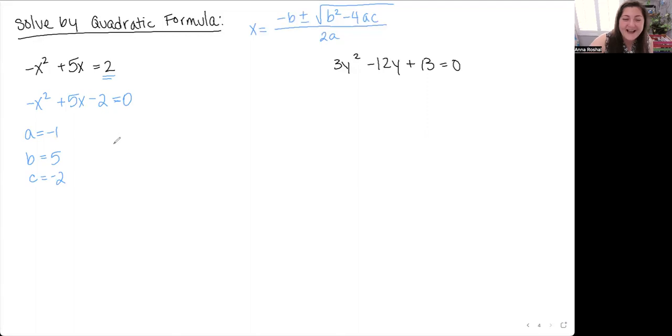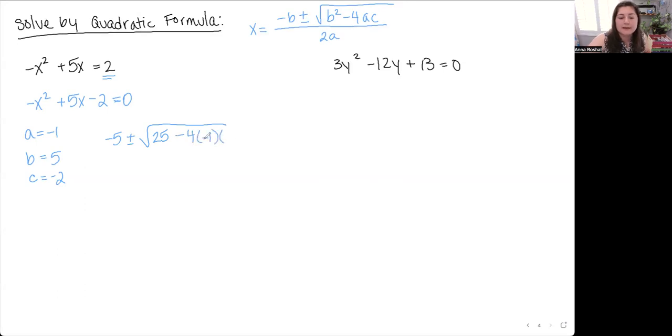All right, and then we're literally going to replace the A, B, and C in here with these 3 things. So I'm going to end up with -5 plus or minus, and some of the math, if you want to do it in your head, definitely go ahead. I know 5 squared is 25, so I'm just going to put in 25 instead of rewriting things.